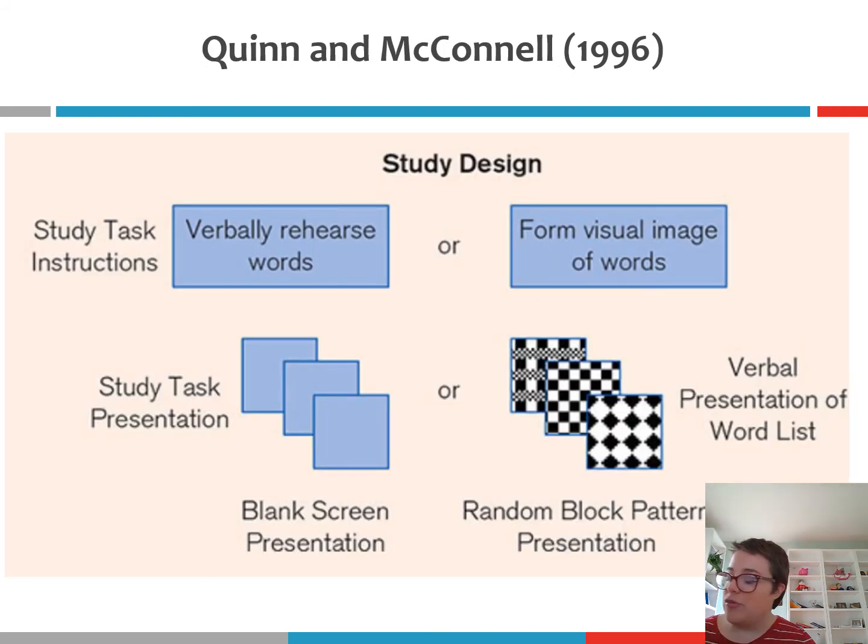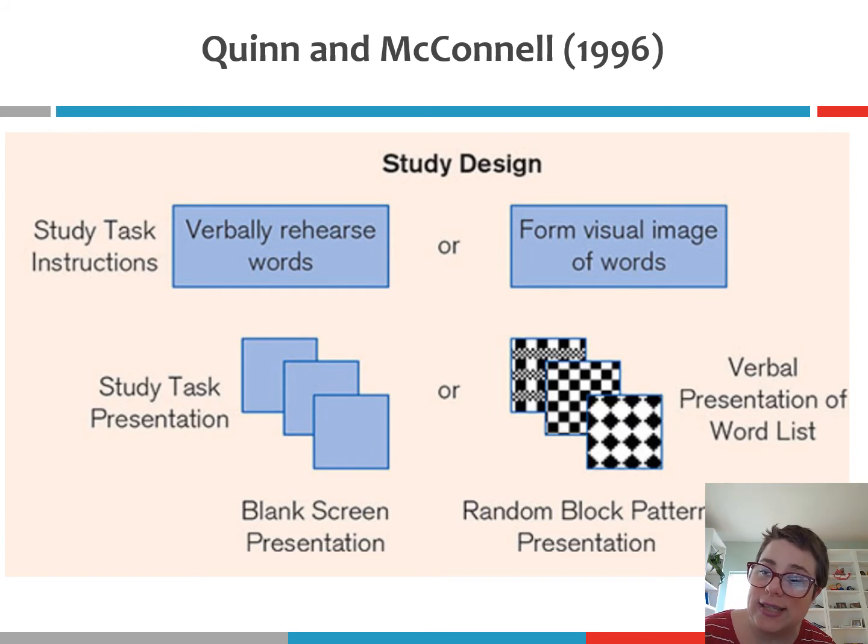Okay, so in my second example, this was the basic research design. There were basically two different tasks that participants did. One group of participants was asked to verbally rehearse each of the words that they saw. So they would see "tree," for example, and they would have to say the word tree over and over again, and then the next word would be presented, and so on.